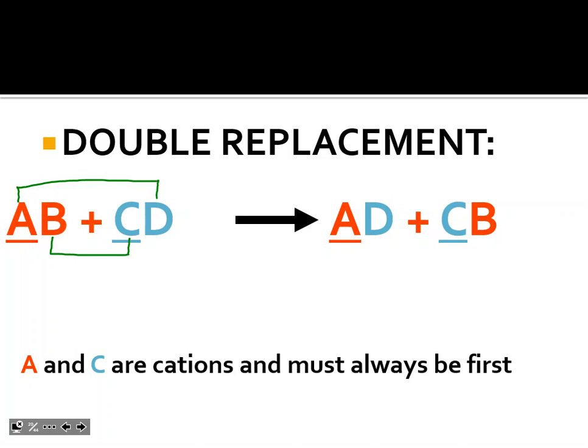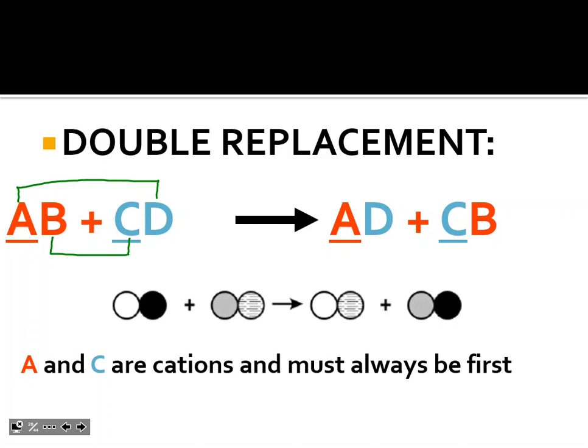That's always like the metal, then the non-metal. So up here, in the particular model diagram, you'll see the 4 different elements here, or compounds if it's a polyatomic. They break apart and they switch and combine with the other one.